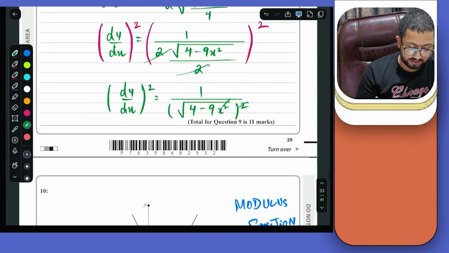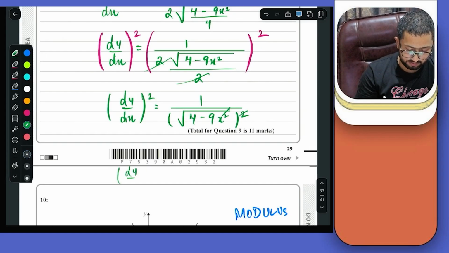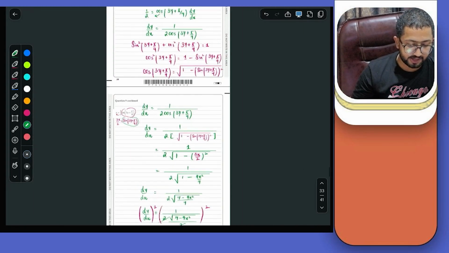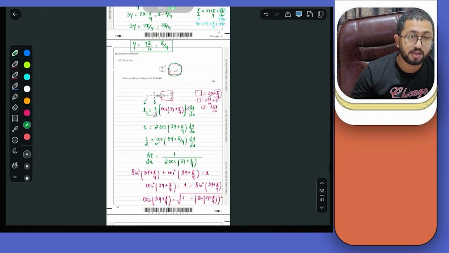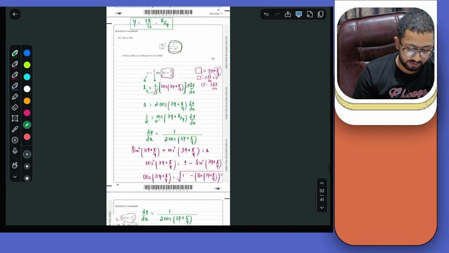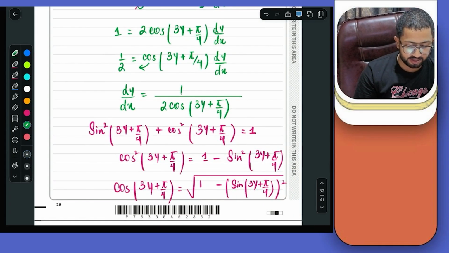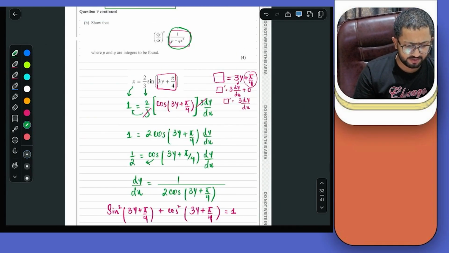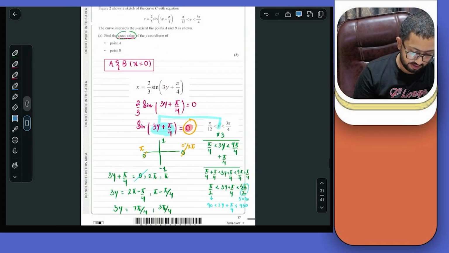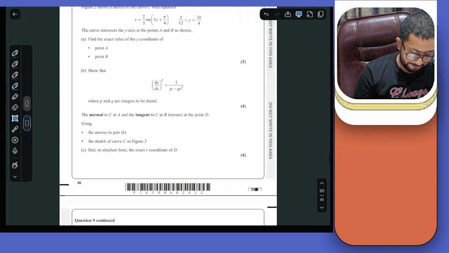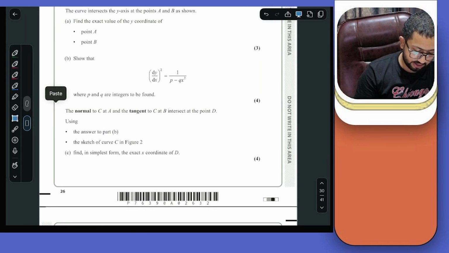So the final answer will be 1 over 4 minus 9x square. So this question is very, very important in P3, because we have to do some calculation in this question. And there is a little bit of a main issue, which is that we need to convert our cos function in terms of sine. Otherwise, I don't think we have any kind of problem.